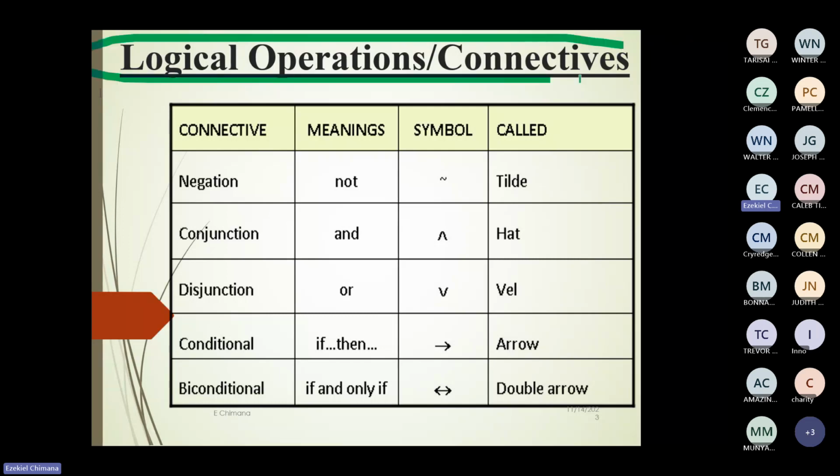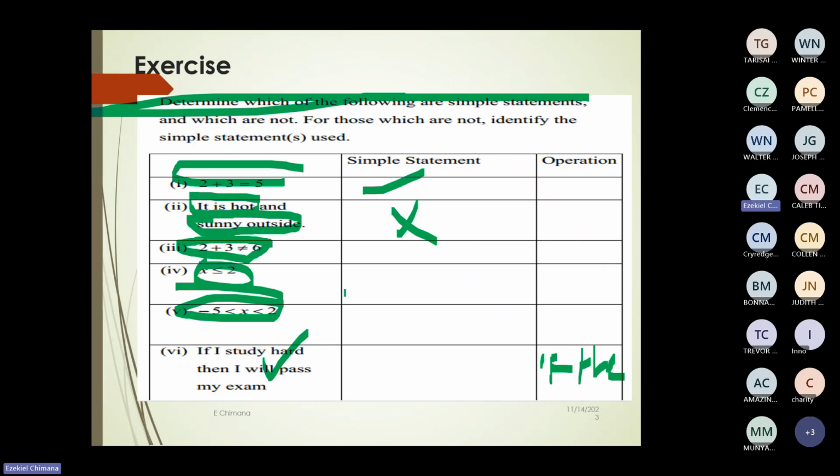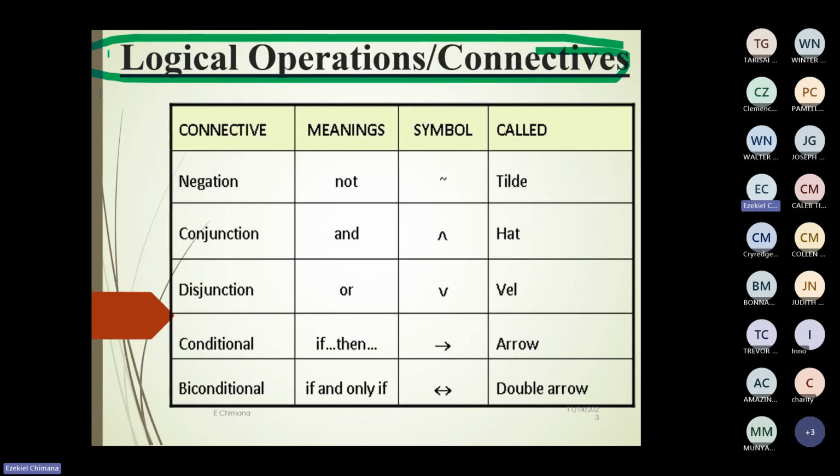Okay, so logical operations or connectives. Let's talk about these connectives, the logical operations. There is the negation, which means the NOT operation, or the NOT gate if you know logic gates.